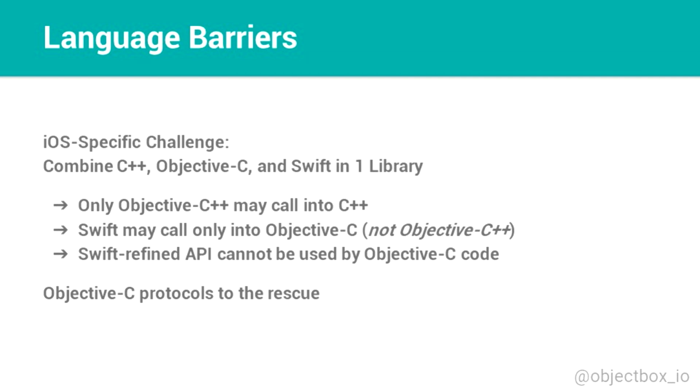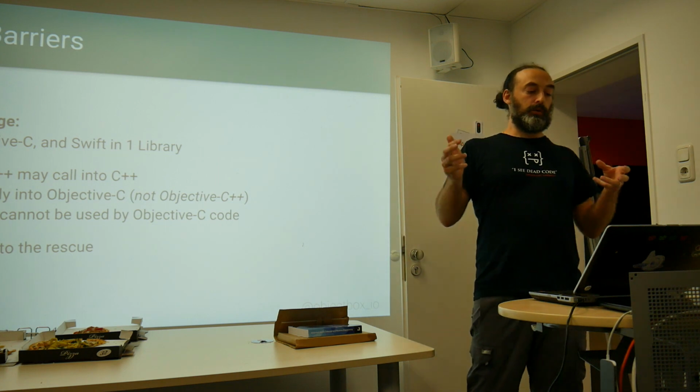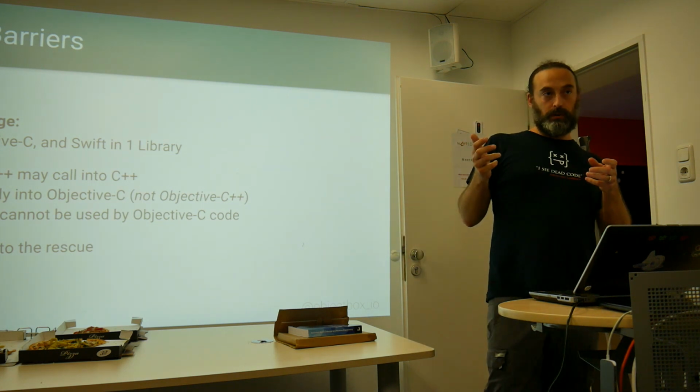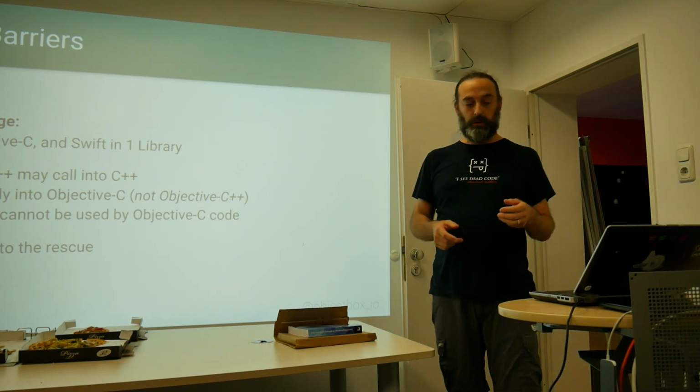In the end, we figured it out. And one important thing is you can have an Objective-C++ class, and those Objective-C protocols, like pure C, those can be implemented by the C++ thing. And that helped us a lot.